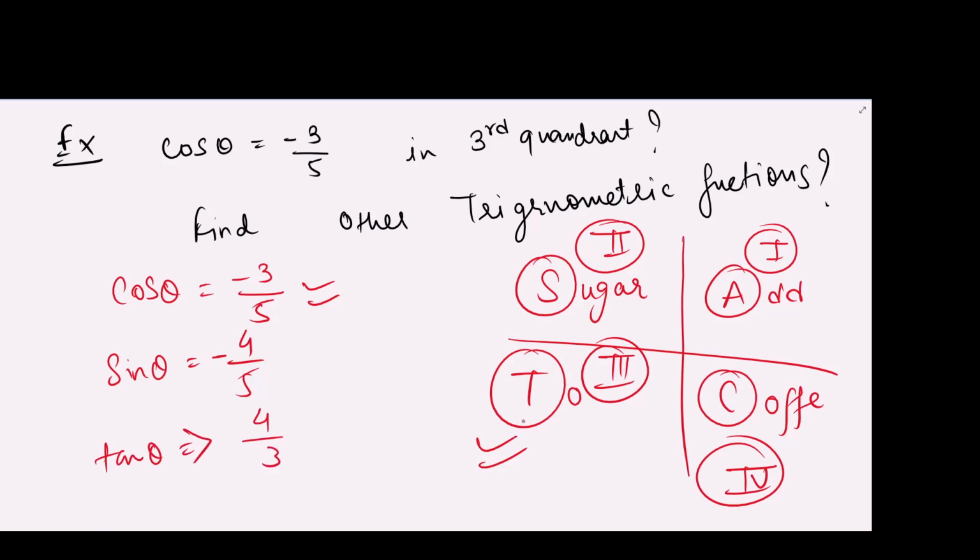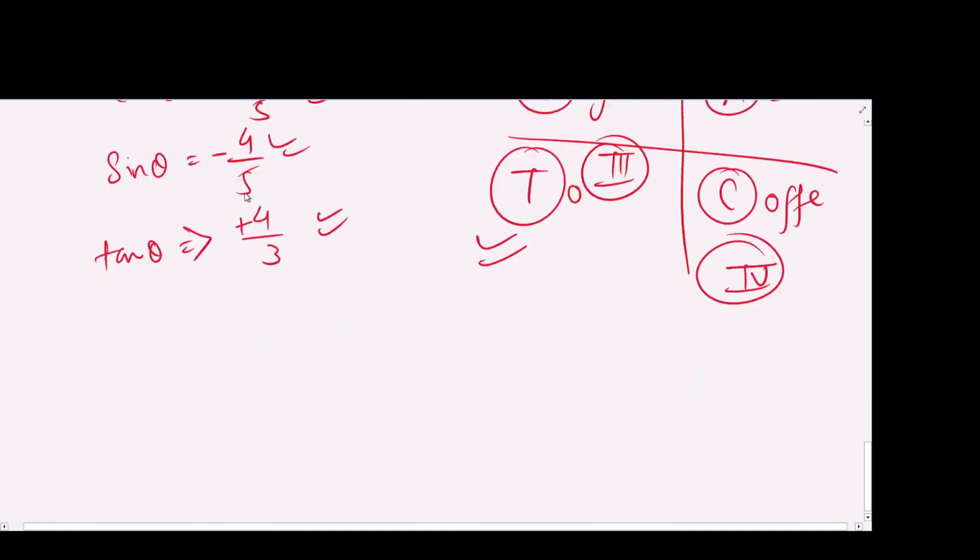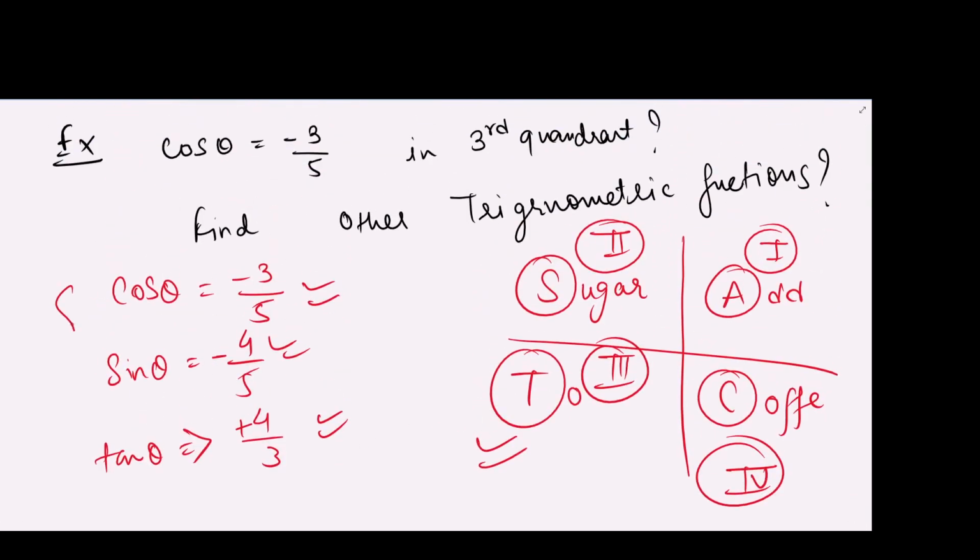So tan theta is positive in third quadrant, so it is positive. So these are the other trigonometric functions. Likewise, sec theta is minus 5 by 3, and cosec theta is minus 5 by 4, and cot theta is 3 by 4.